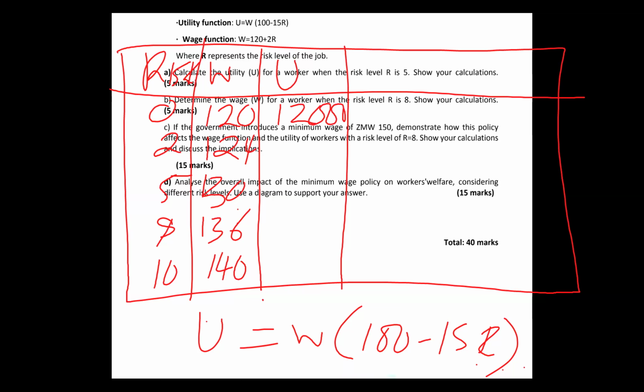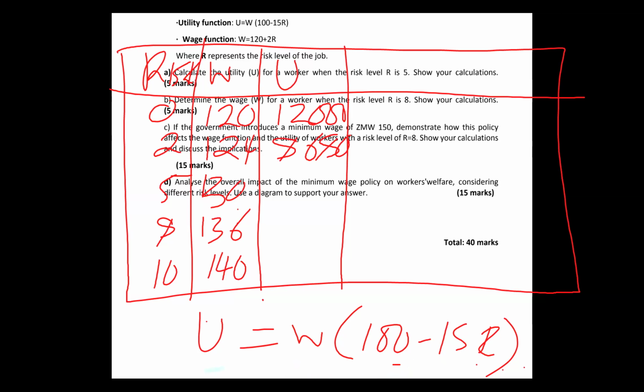Then when you substitute, when wage is 124, 124 times 100 minus 15 times 2, because the risk is 2 now. 100 minus 30, that's 70. 70 times 124 is what? It's 8,680, right? What about when you put 130?